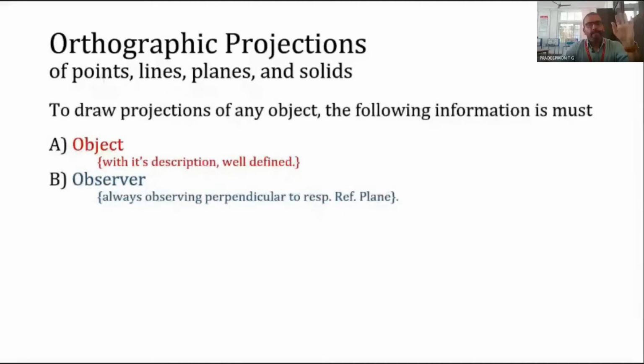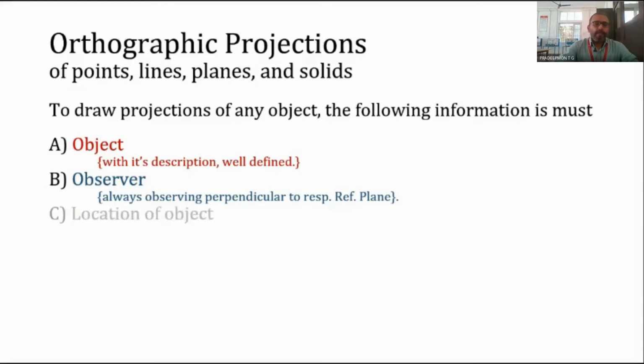That is, if it is the front view, the observer will be observing perpendicular to the vertical plane, if it is the top view, perpendicular to the horizontal plane, and if it is the side view, perpendicular to the profile plane. So that is the condition.